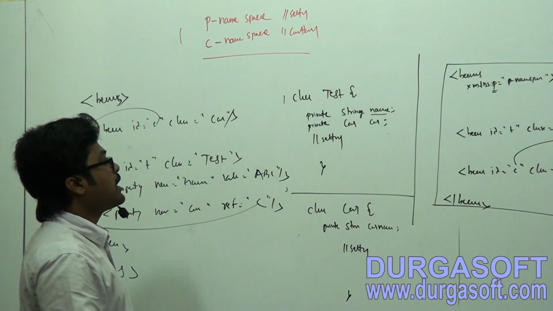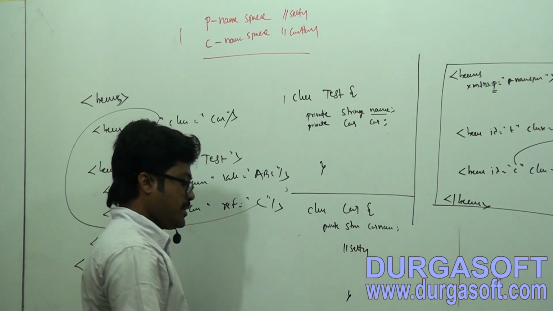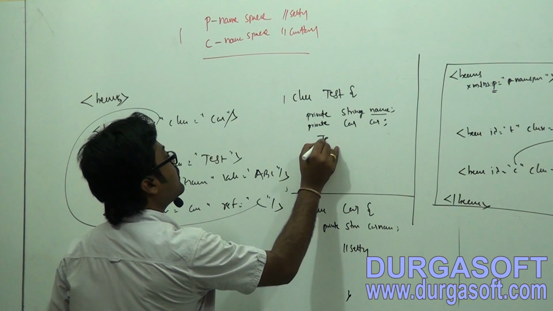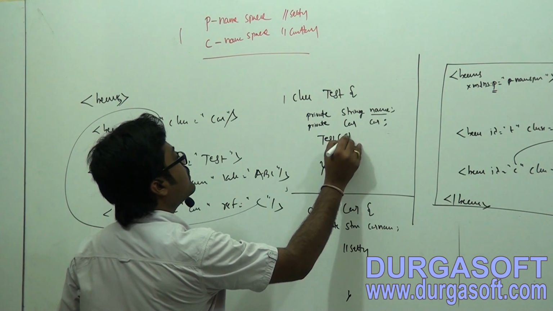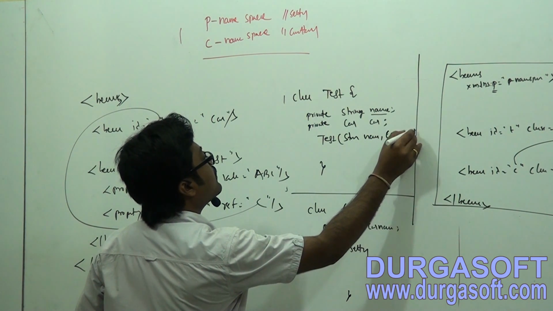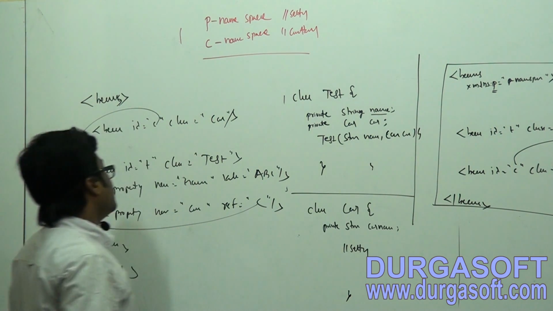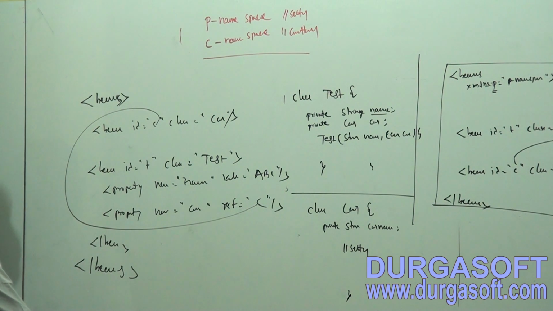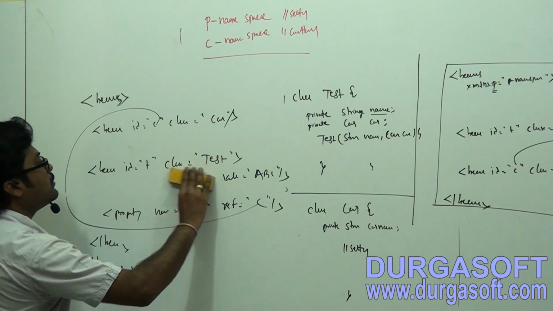In case you want to do constructor dependency injection here, if you have a constructor with a string name and a car, then to call the constructor, instead of using the property tag, what do we have to use here?